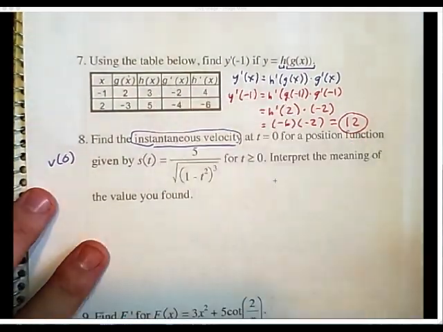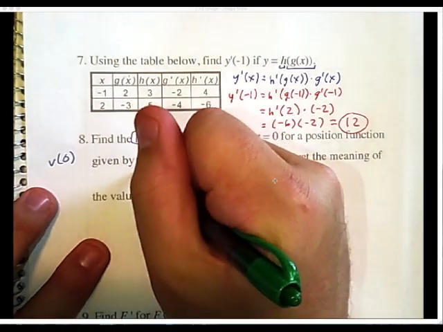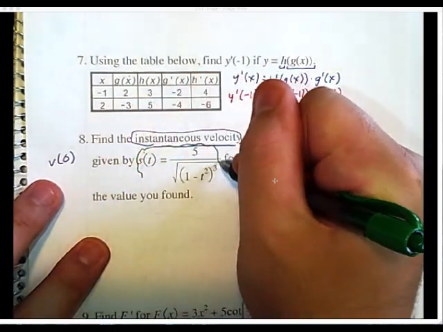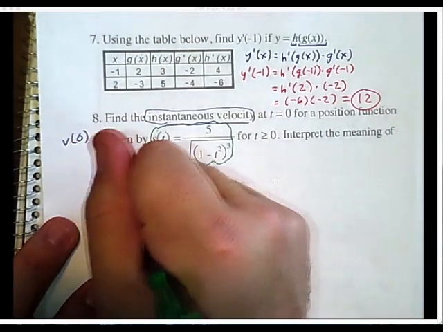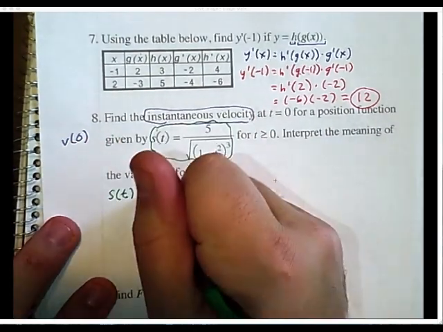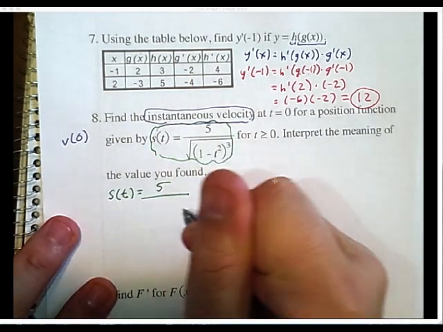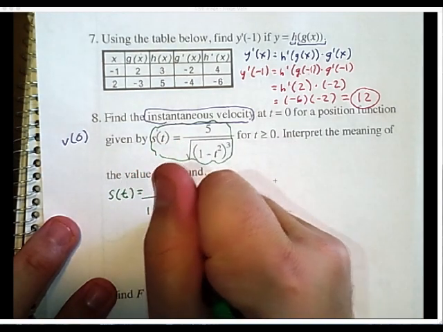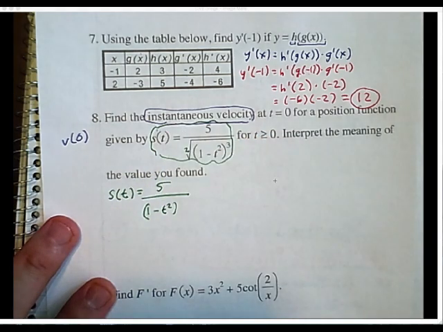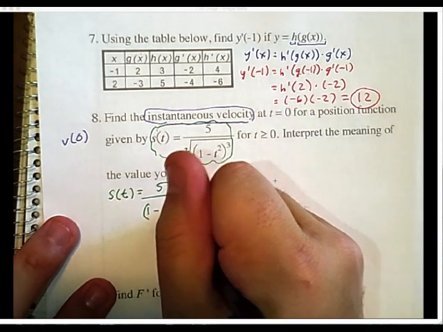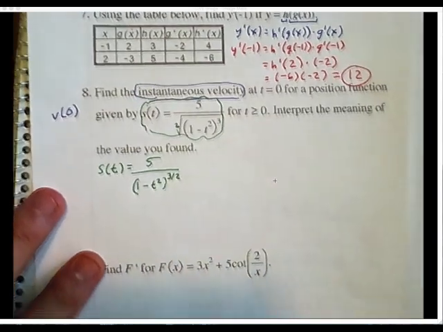It gives me the position function. And let's rewrite the position function another way. So I have 5 over 1 minus t squared. Now, if there's no index in front of it, then it's a square root. So this is actually getting raised to the 3/2 power.